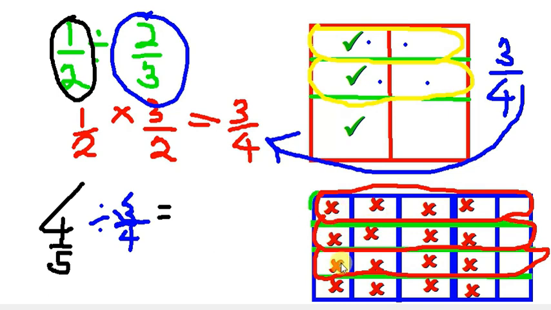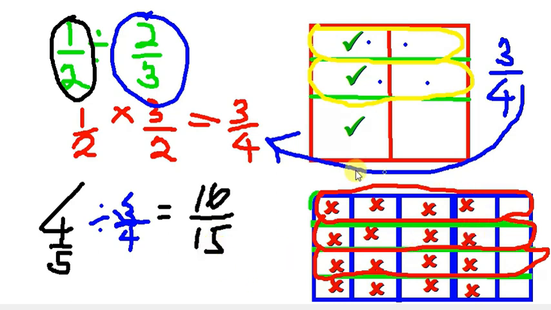Here we are 1, 2, 3, 4, 5, 6, 7, 8, 9, 10, 11, 12, 13, 14, 15, 16. So the numerator should be 16. Then the denominator, counting that of where the circles have covered, 1, 2, 3, 4, 5, 6, 7, 8, 9, 10, 11, 12, 13, 14, 15. Good, so that one gives us 15.